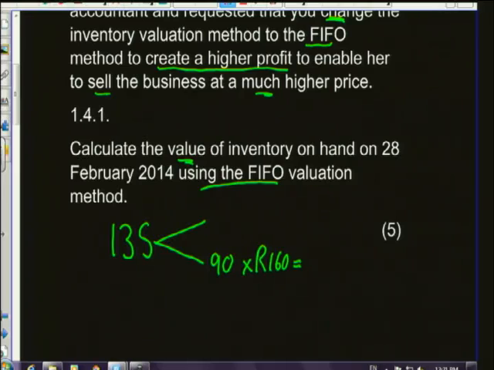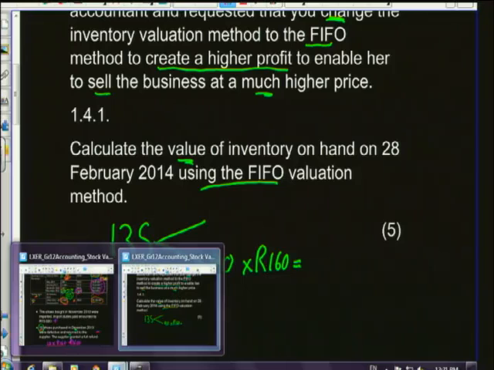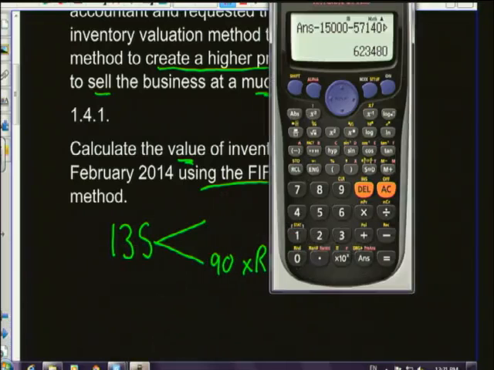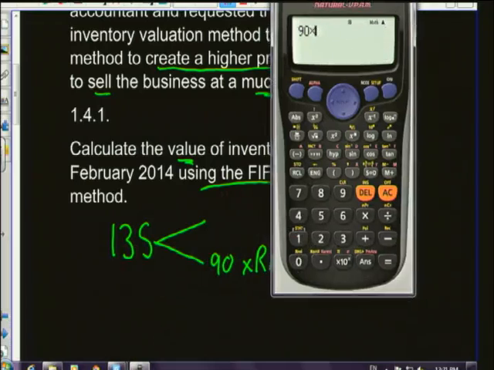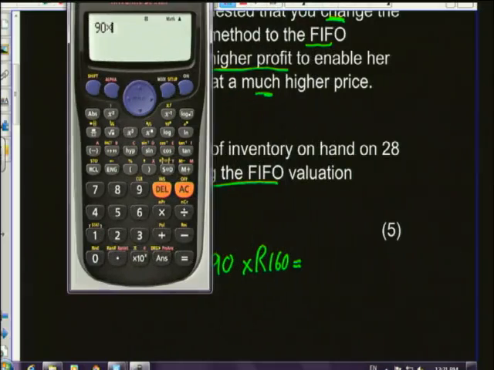Let's get our calculators out. So we've got 90 times the cost price of 160, and that's giving us 14,400. So that's the first part to our calculation, 14,400. Okay, you guys got that.